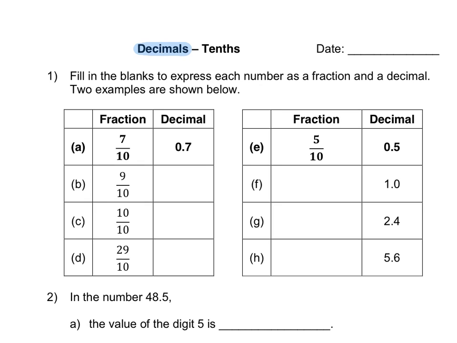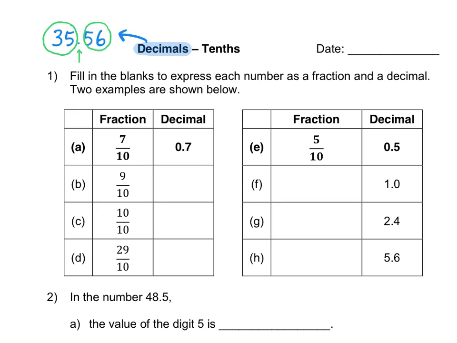Do you all remember what decimals are? Decimals are simply numbers that have a decimal point in the number. So what does this decimal point do? Do you all remember? This decimal point here separates the whole numbers from numbers that are less than 1.